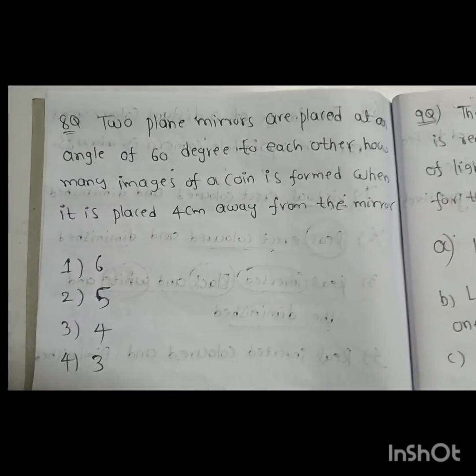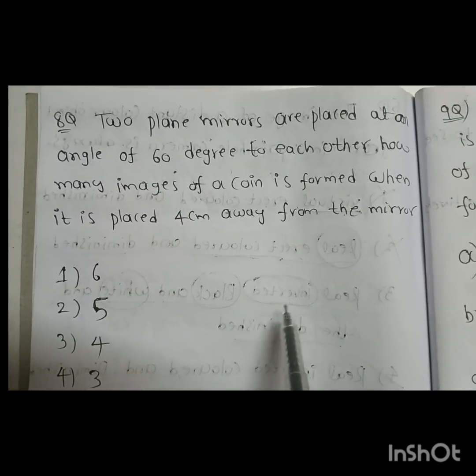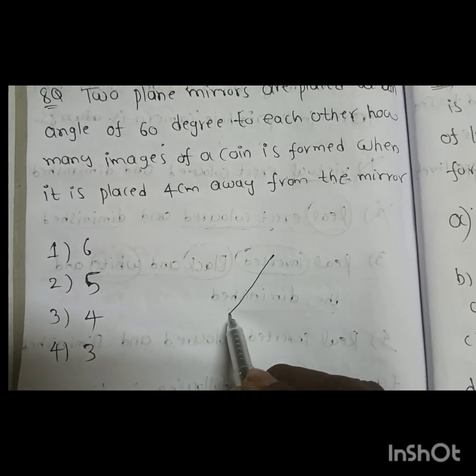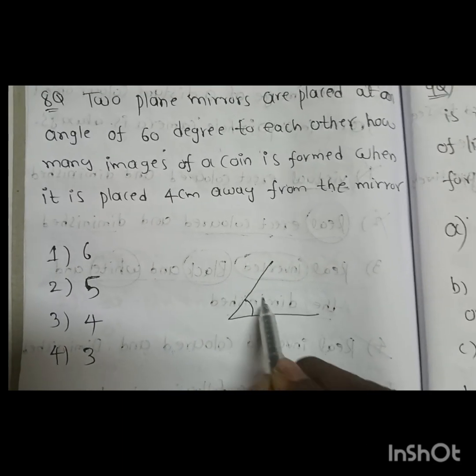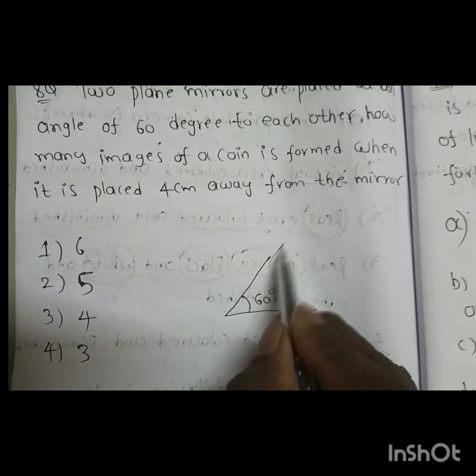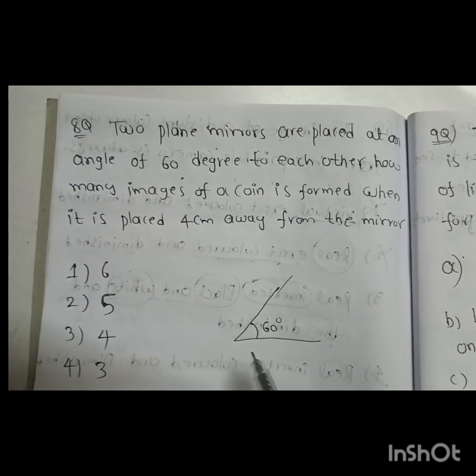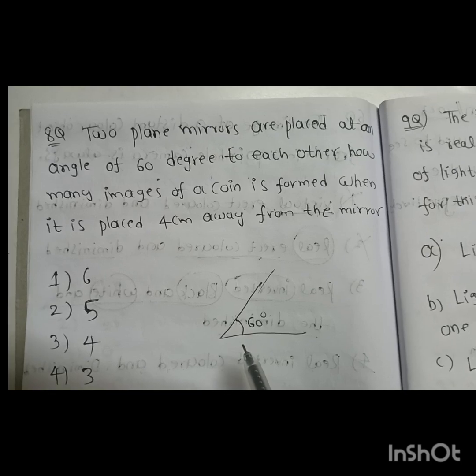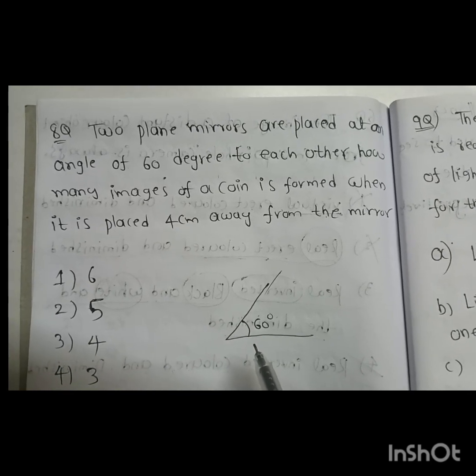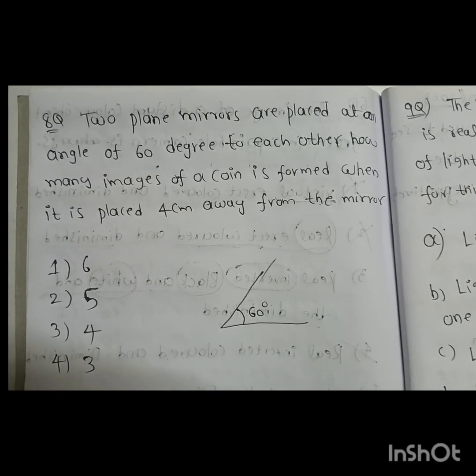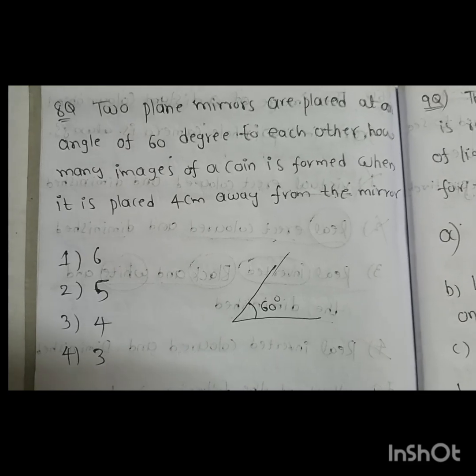Two plane mirrors are placed at an angle of 60, so if you imagine like this, this is the angle of 60.